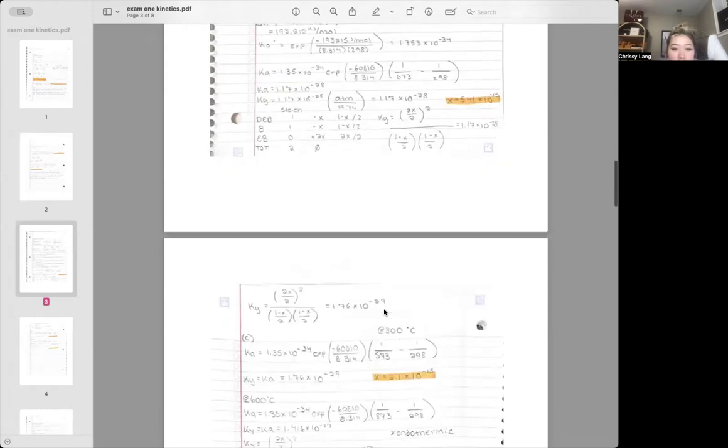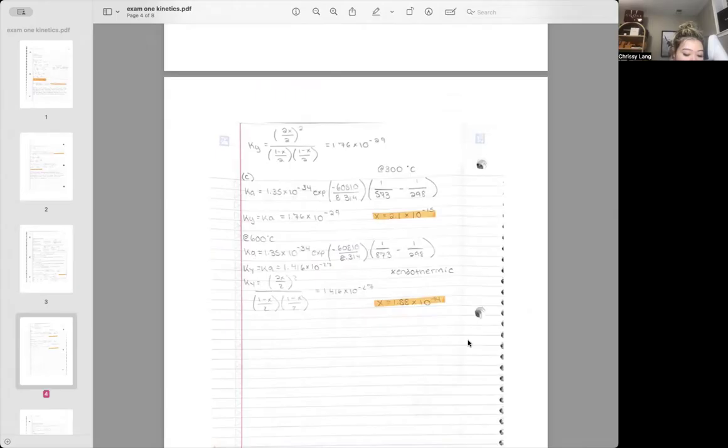And then for part C here, I applied Le Chatelier's principle and the sign of delta H. Because this reaction increases the number of gas moles, lowering the pressure shifts the equilibrium towards more products, while increasing pressure favors the reactants.